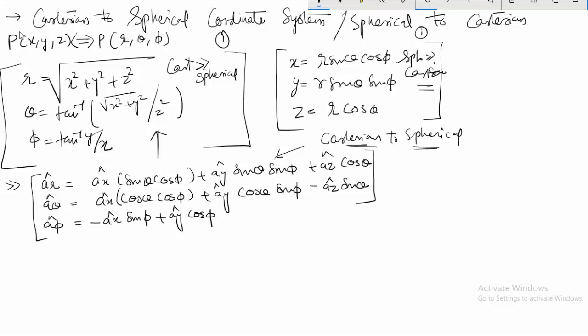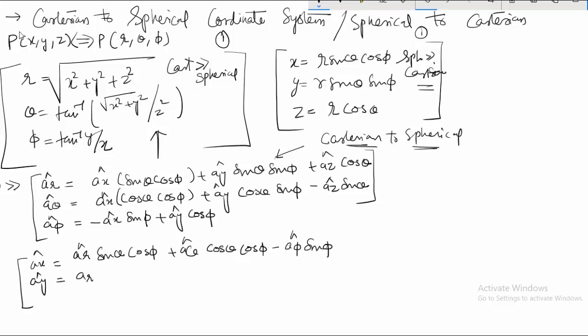Again, from spherical to Cartesian, when you know the values, you can convert AX is equal to AR sin theta cos phi plus A theta cos theta cos phi minus A phi sin phi, and AY is equal to AR sin theta sin phi plus A theta cos theta sin phi plus A phi cos phi.